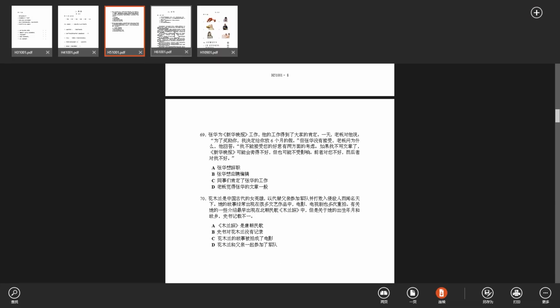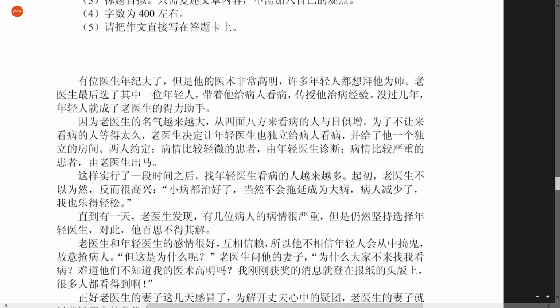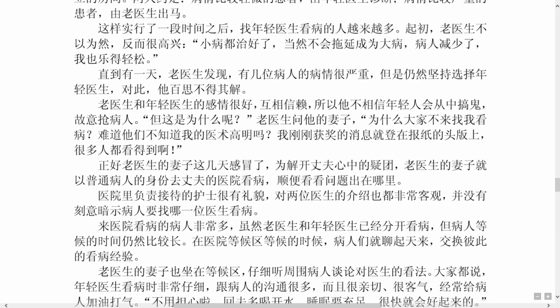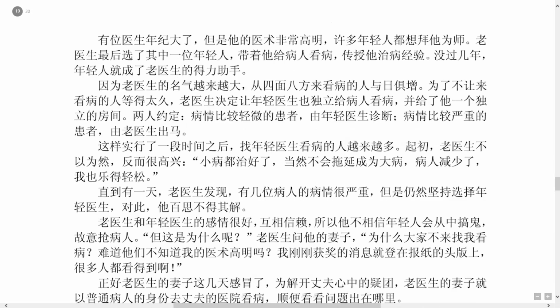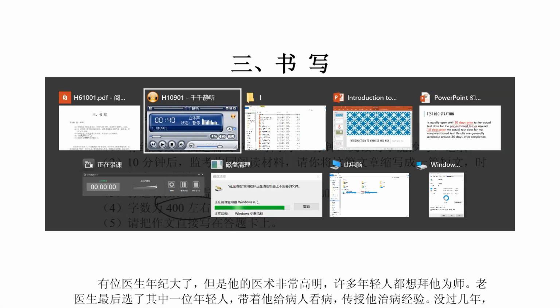Then up to level 6, actually you have got to be able to understand the whole passage and be able to write an essay up to 400 Chinese characters. So it's quite challenging, but the first few levels are quite easy to pass.